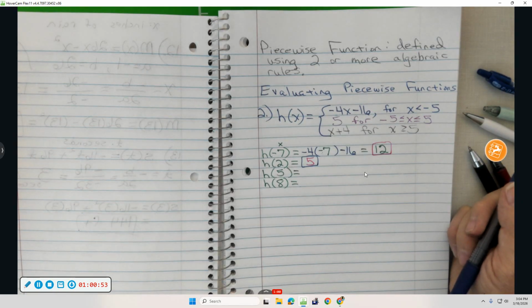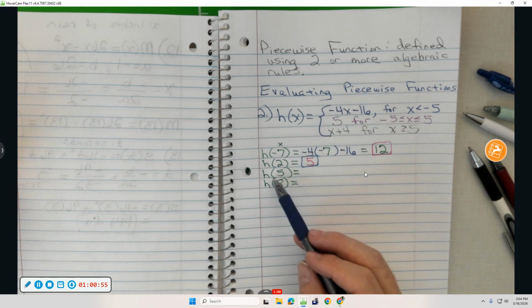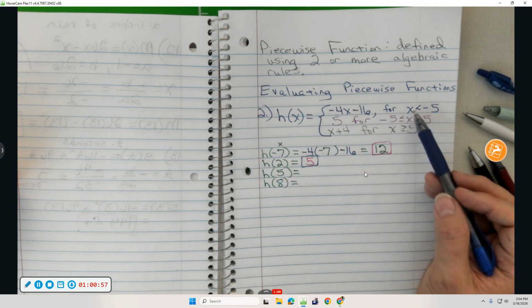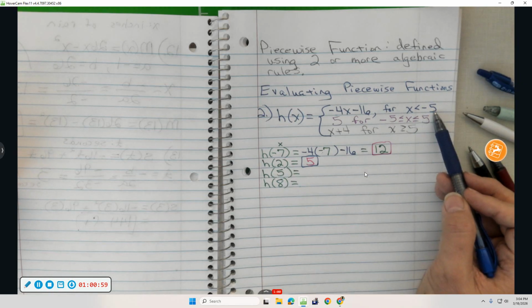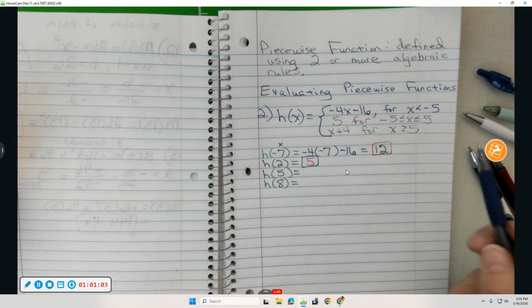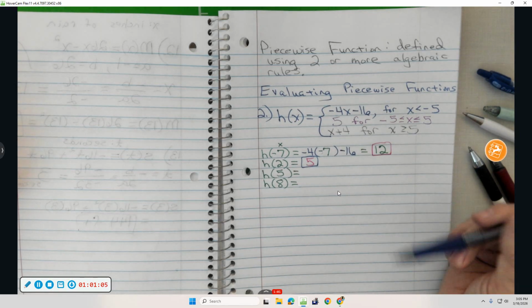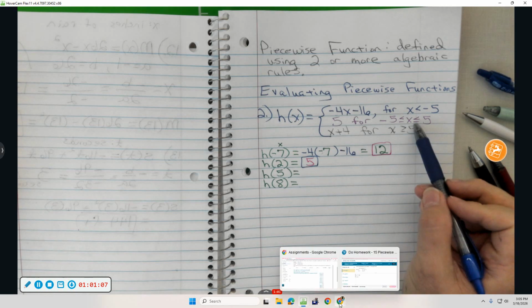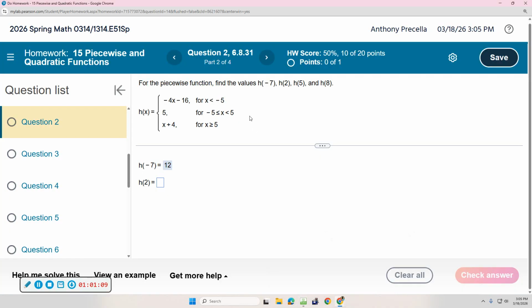You know what? I'll type them all in. What about h of 5? Is 5 less than negative 5? I guess the real question is, I miscopied the problem. Do y'all see what I've done? I haven't allowed this part. That should just be a less than.